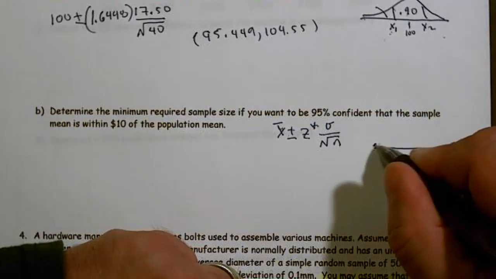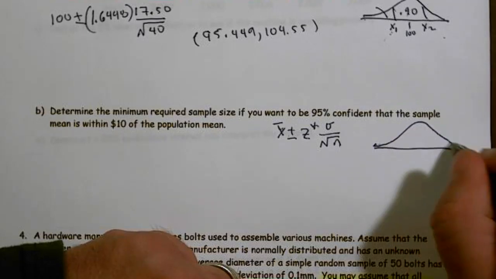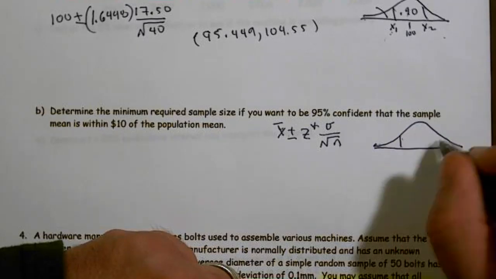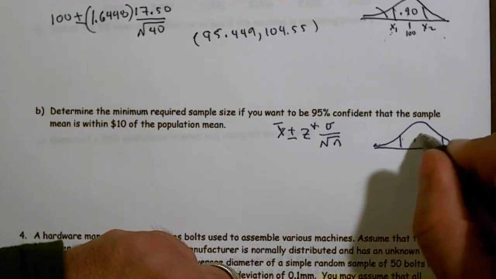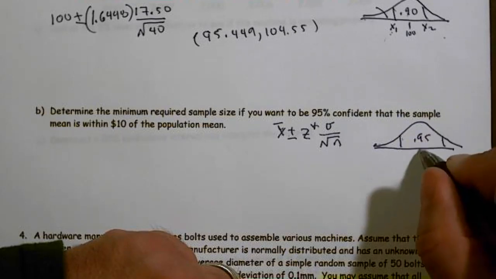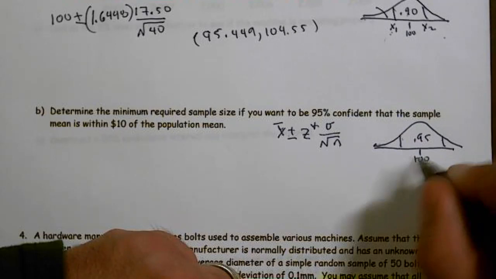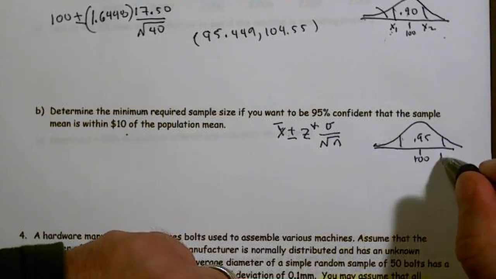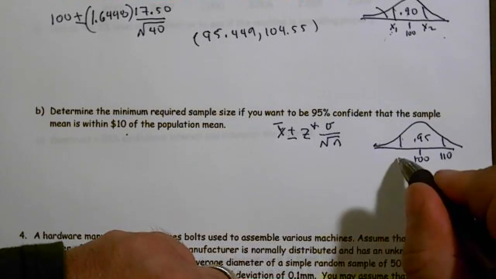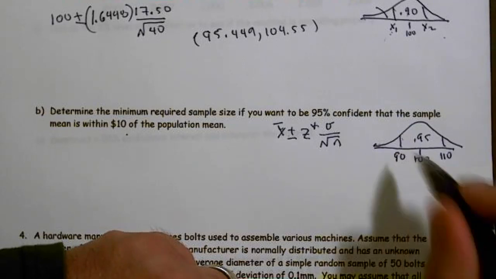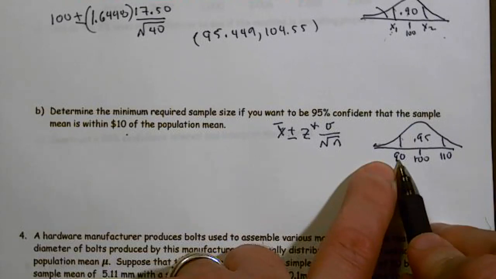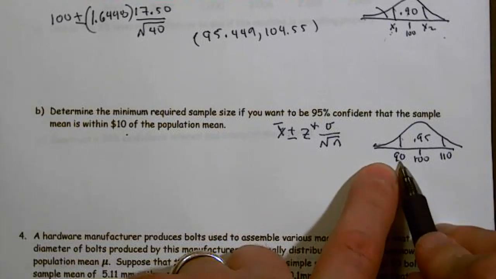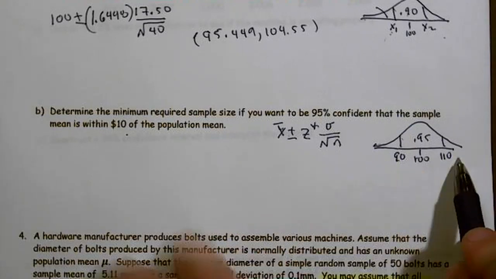We want a 95% interval. We know our sample mean is 100, and we want to be plus or minus 10. So we don't want to be more than 110, and we don't want to be less than 90. I'm looking for what sample size would get an interval of 90 to 110.